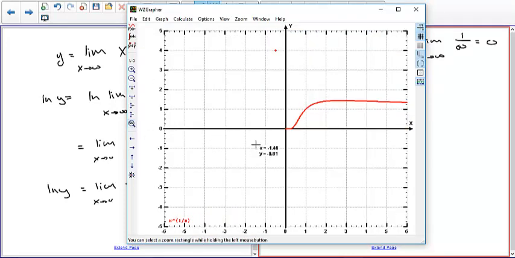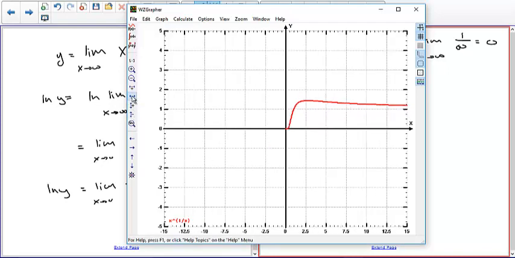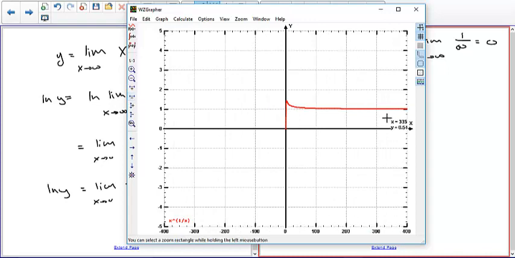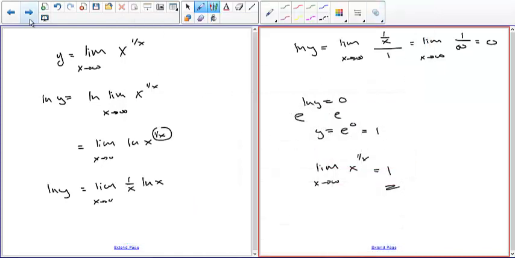I don't know what these little dots are. That's weird. But when the domain is x greater than 0, you can see if I zoom out in the x direction that the function x to the 1 over x approaches 1, which is what we got using L'Hopital's rule. So we confirmed again that it works.